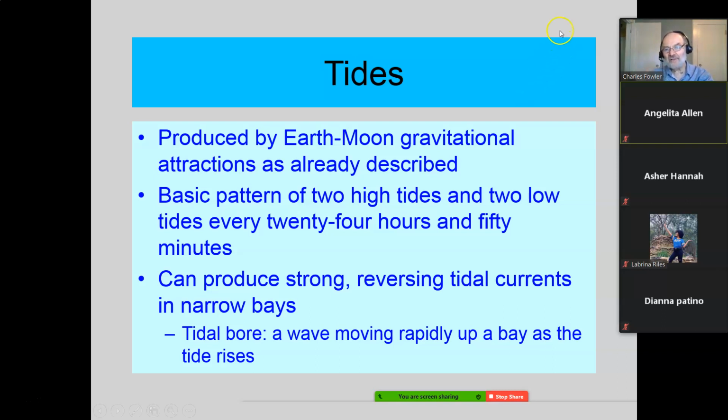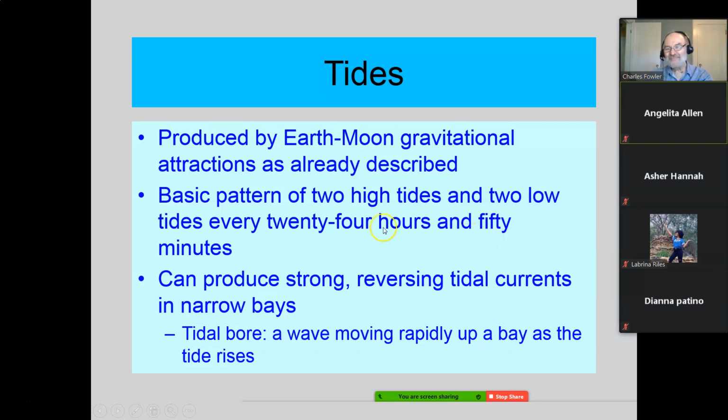Because the moon goes around the Earth, not exactly in a day, a little bit less than a day, for one pattern around, you basically come up with a pattern of 2 high tides and 2 low tides every 24 hours and 50 minutes.